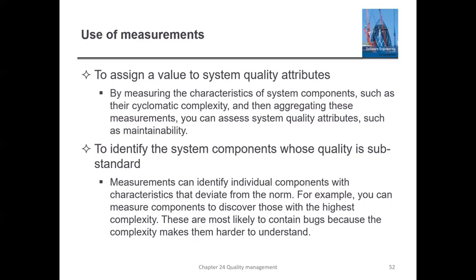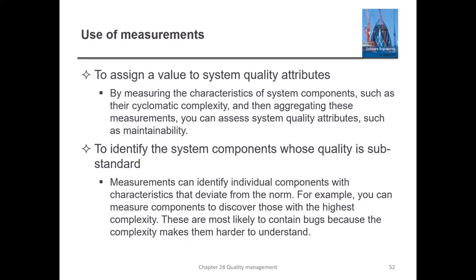All these things we are going to measure. How do we measure? For that, we have to assign or give some values directly to the quality attribute. That is the reason this is known as direct measurement. So by directly giving some quality attribute, we can assign some values to your system.